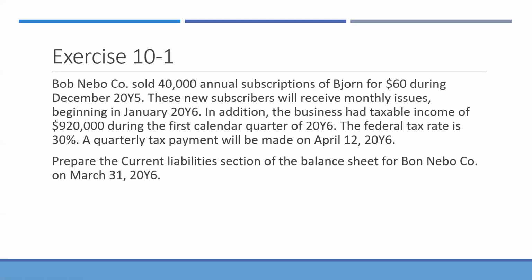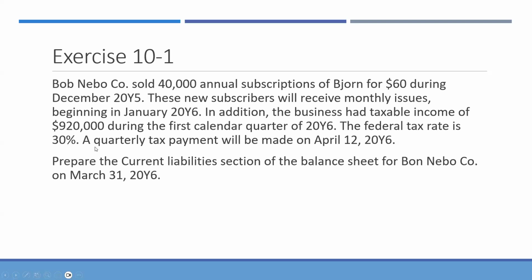So for exercise 10-1, Bob sold 40,000 annual subscriptions of Bjorn for $60, and they will receive monthly issues beginning in January. And the business had taxable income of 920,000.